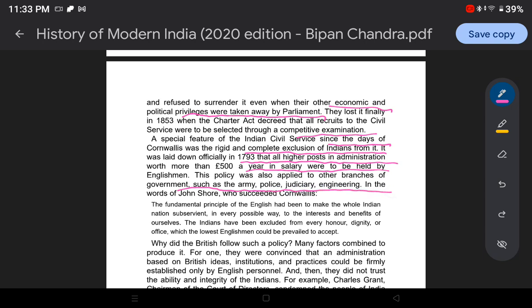In the words of John Shore, who succeeded Cornwallis, the fundamental principle of the English had been to make the whole Indian nation subservient in every possible way to the interest and benefits of ourselves. The Indians have been excluded from every honor, dignity, or office which the lowest Englishman could be prevailed to accept.